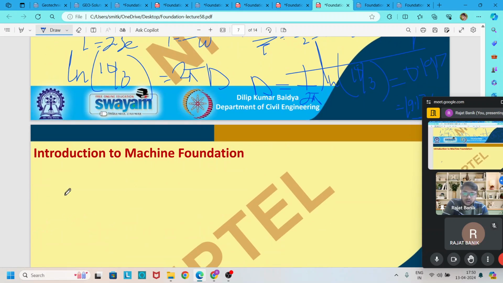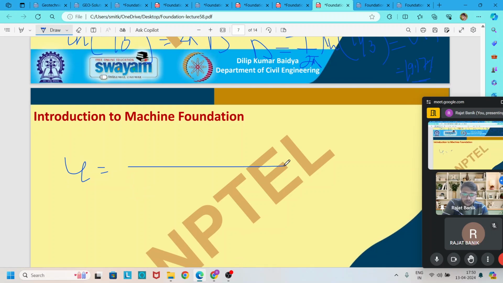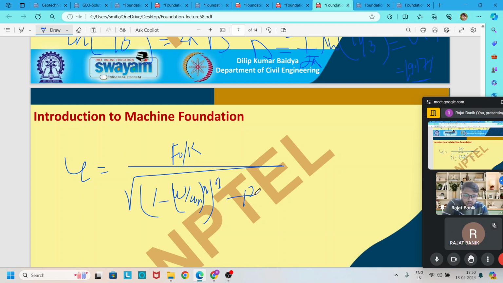So we know that U is equal to F naught by K, divided by root over 1 minus omega by omega n whole square, whole square, plus 2d omega by omega n whole square.